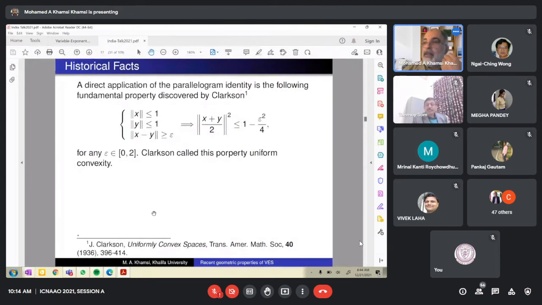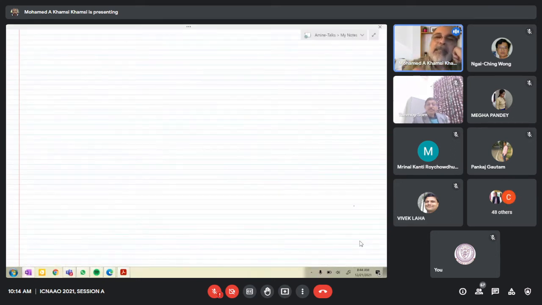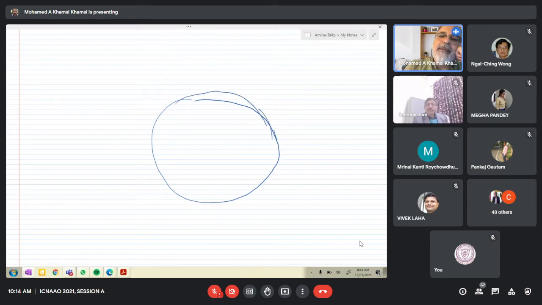Okay, so this one here is interesting because what it tells us is, if you take the unit disk, okay, and you take, I'm talking about vectors, okay, and you want these vectors to be far from each other, not too close, then if you look at the middle point or the middle vector, it's inside.